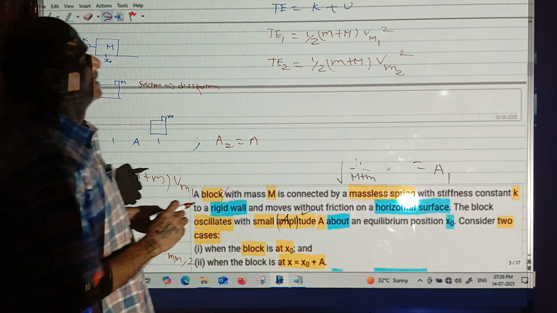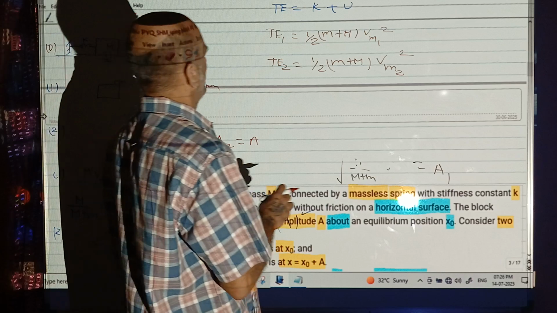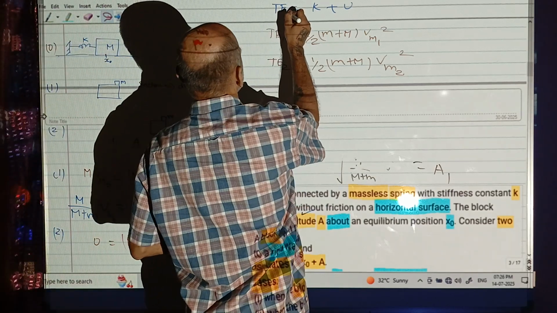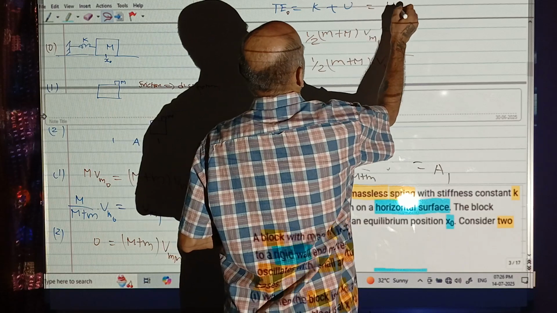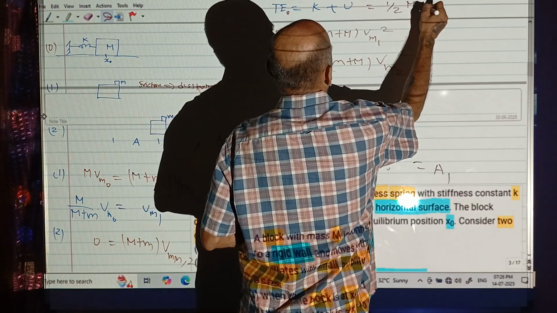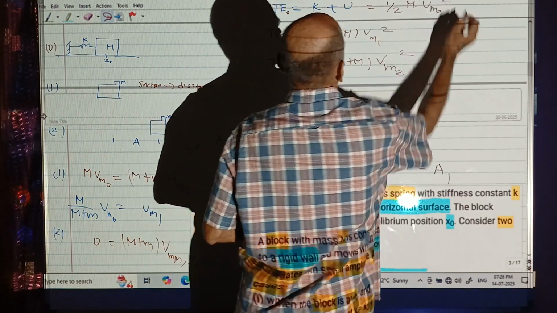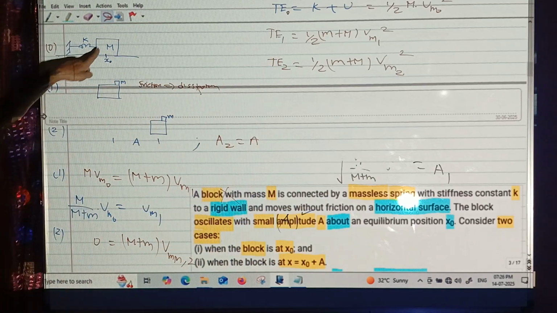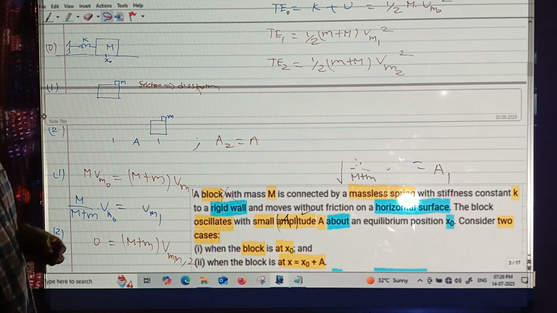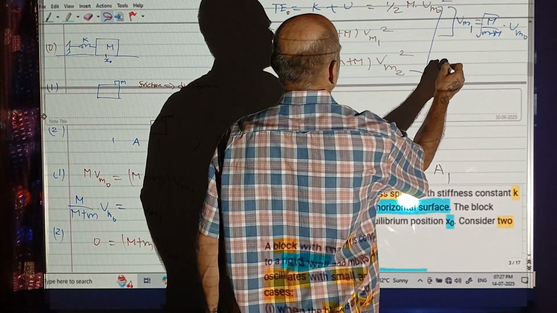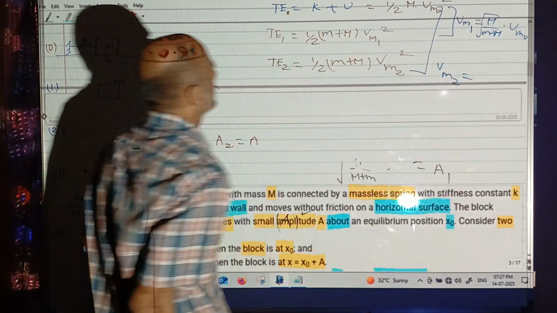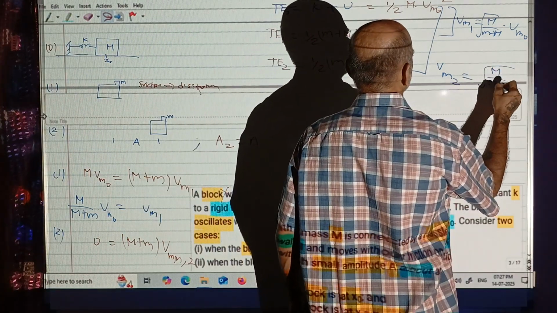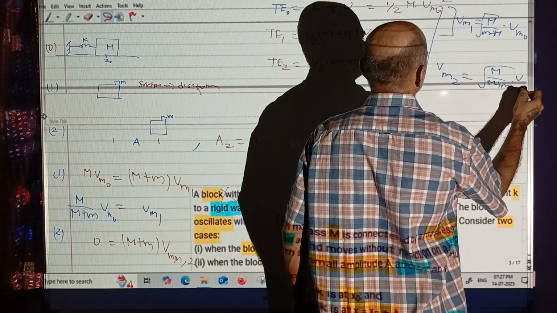Okay, so to get this velocity, in the 0th case I can write this as half M v m0 square, because in the 0th case the mass that's moving is only the capital M. That will give me v m2, the same thing, root of M by (M plus m) into v m naught.